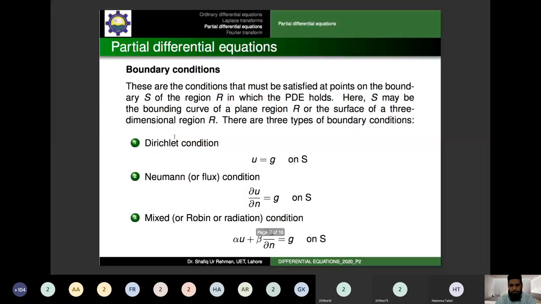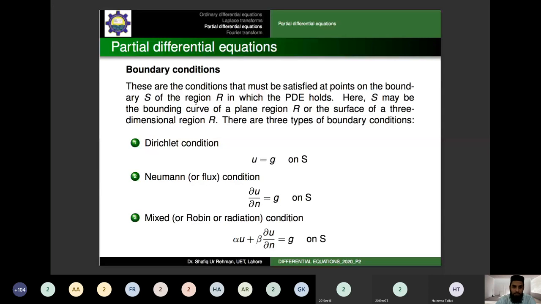So we say that they must satisfy those conditions at points on the boundary S of the region R in which the partial differential equation holds.